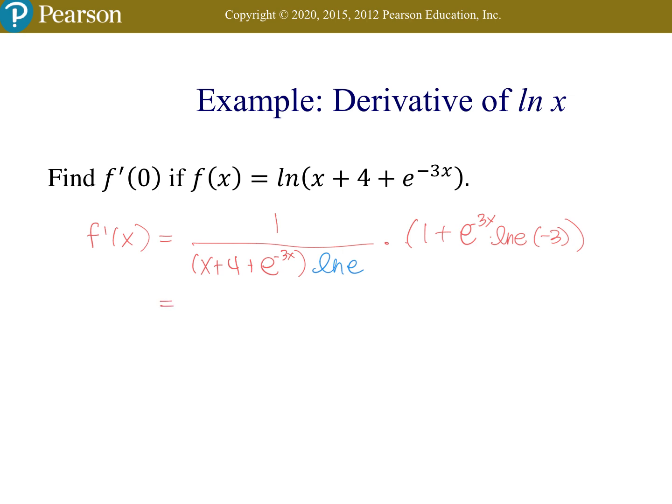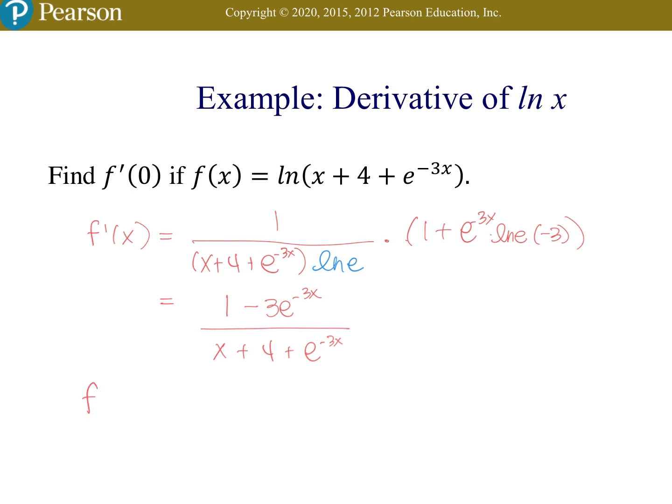So we're looking at a numerator that's 1 minus 3e to the negative 3x over x plus 4 plus e to the negative 3x. Then we want to do f prime of 0.